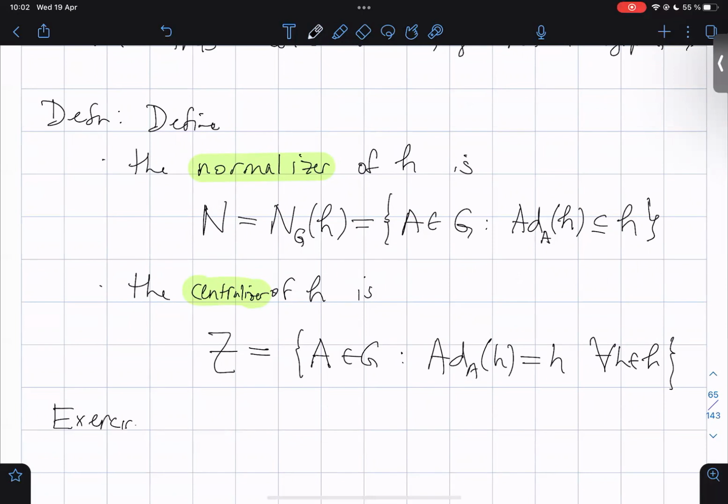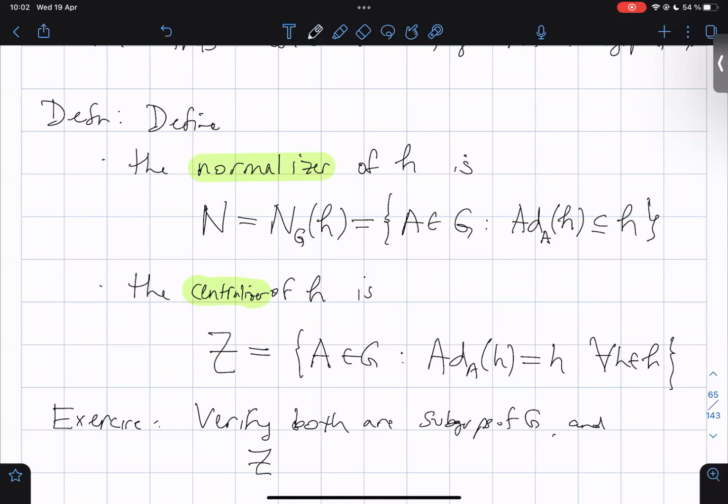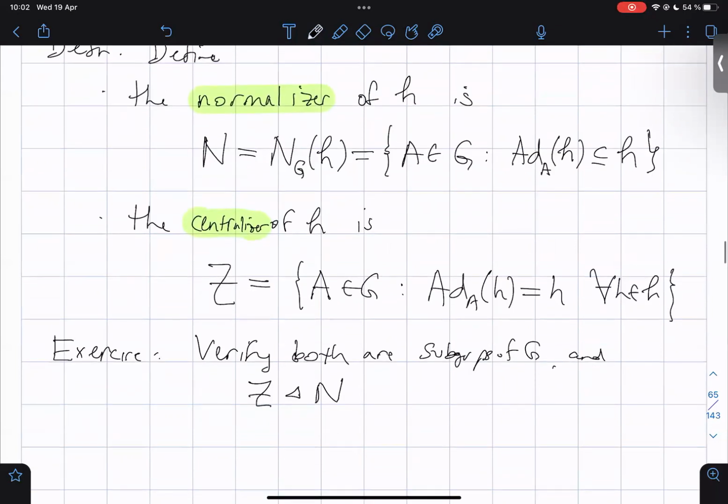So verify both are subgroups of G. And Z is a normal subgroup of N. Okay, so if I take anything from N and I conjugate an element of Z, it'll stay in Z. Okay, so Z is sitting inside N. It's a normal subgroup.